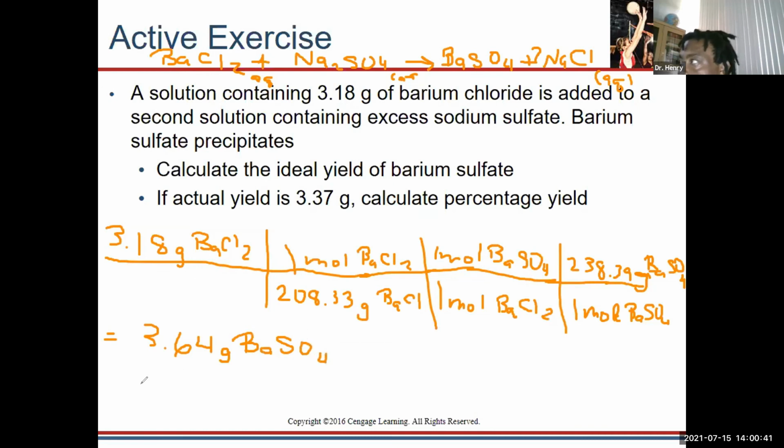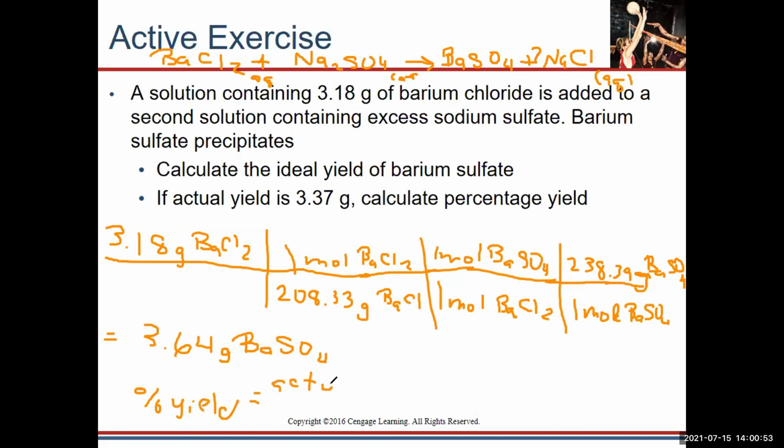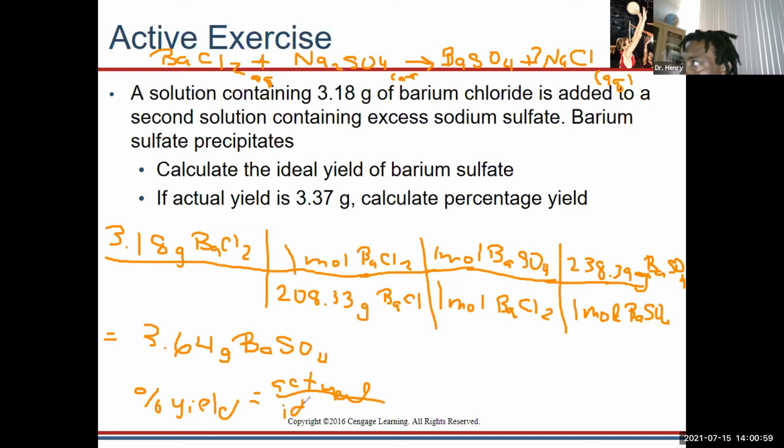So percent yield is equal to actual over ideal times 100.